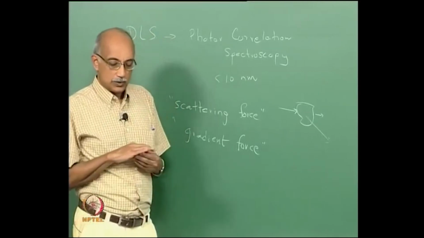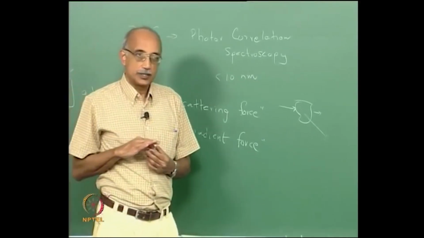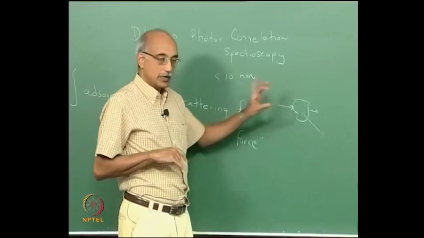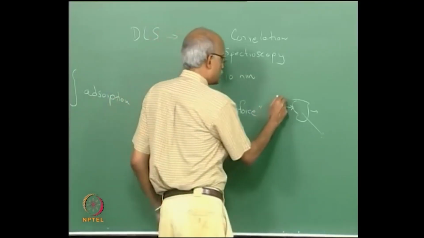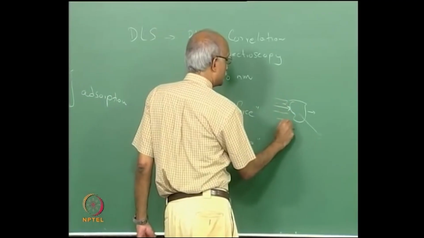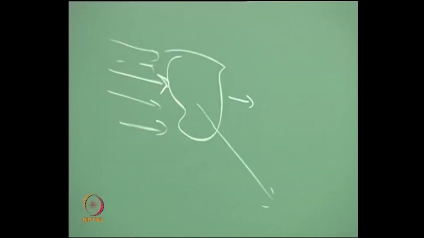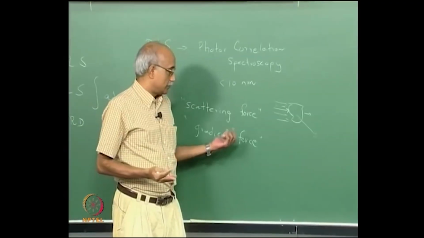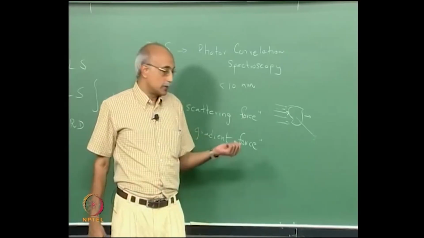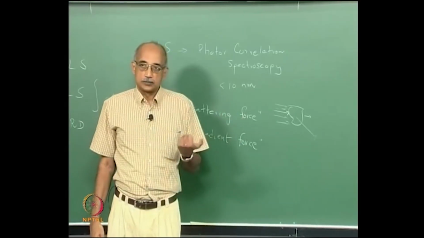Now, gradient force essentially is based on the principle that if the light that you are radiating the particle with is uniform in its intensity throughout the cross section of the particle, then there is really no force that you can develop to counteract the scattering force.